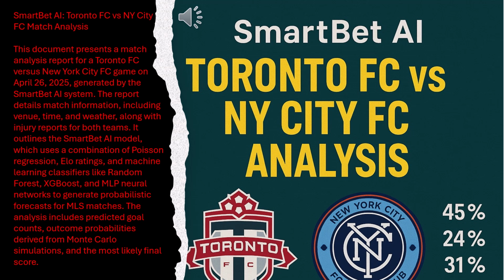So how does this SmartBet AI actually work? How does it take injuries, stats, everything, and come up with predictions? It sounds pretty complex. It is, yeah. It's not just one single method. It's really a blend of, let's say, established statistical tools and newer machine learning techniques. Okay. The core analysis comes from this SmartBet AI, right? It uses something called Poisson regression, which is basically a statistical way to predict counts, like goals in a match.